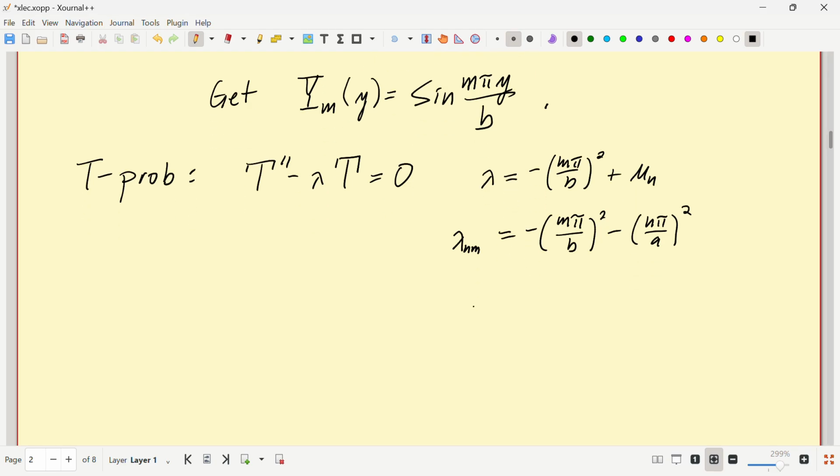So we don't have to solve it for all lambda. Those lambdas, fortunately, are negative, and that's the wiggling case. That's sines and cosines.